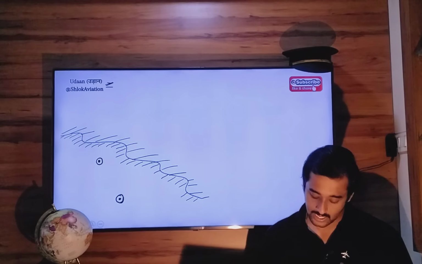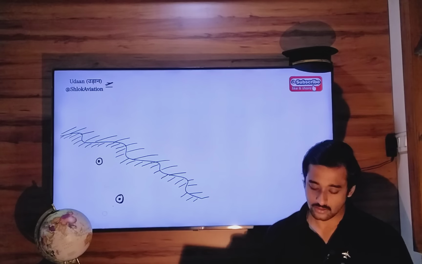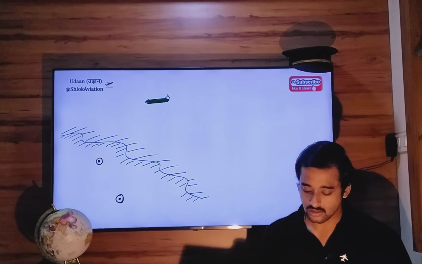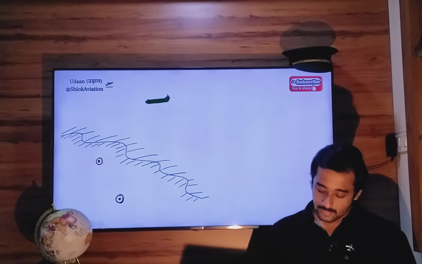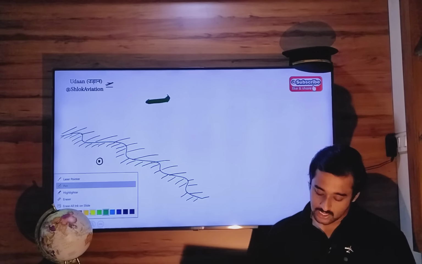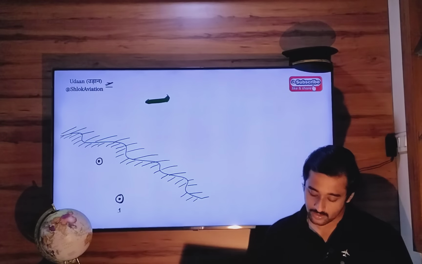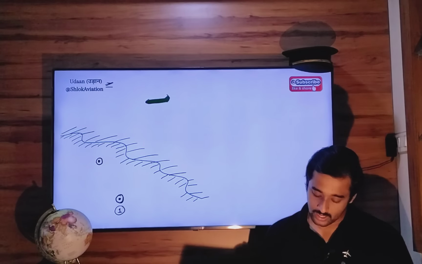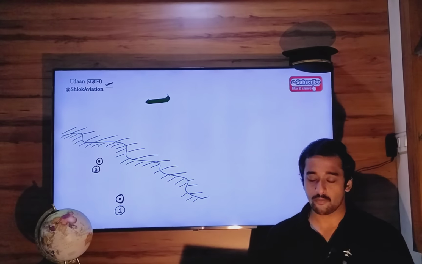Now here there is an aircraft. Let's say it's tuned to NDB station number one. This is NDB station number two.